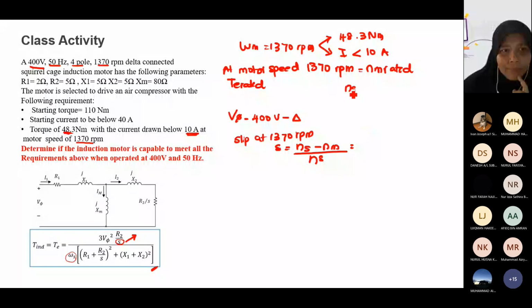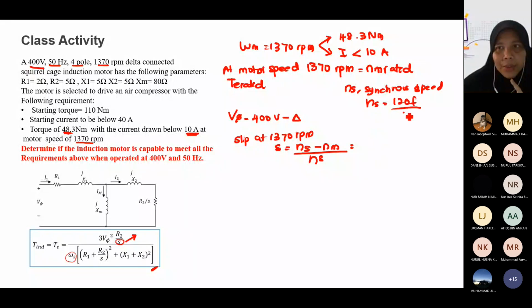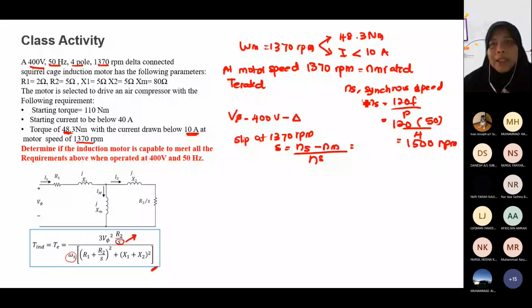For those who didn't come last week, Ns is your synchronous speed, calculated using this formula, 120 f over P. Put the frequency equal to 50 and P equal to 4. What do you get? 1500 RPM. This is the formula used to calculate your synchronous speed, and it can be in RPM or radian per second. Either is fine, you can change to radian per second later.